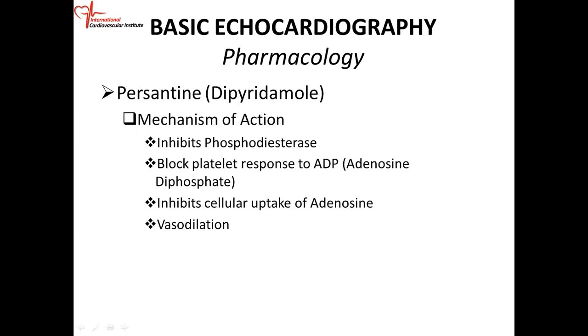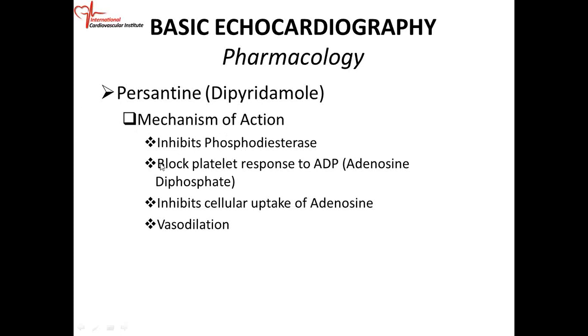That's an enzyme, and when it inhibits the phosphodiesterase, it increases the level of adenosine. So the effect of persantin is really the effect of adenosine, because since it's going to block this enzyme, you're going to get an increase in adenosine.